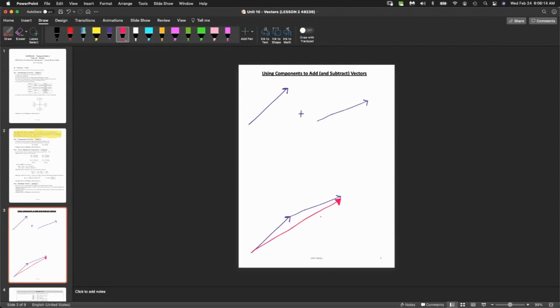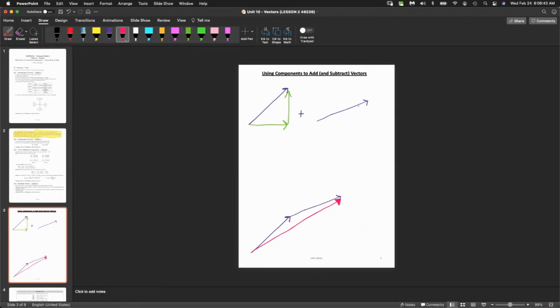So now I'm going to show you how the method of components will give you the same answer. What we can do is take the original vectors and break them up into horizontal and vertical components. That's what we did last week when we were talking about using sine and cosine and using the angle from 0 to 360. So there's the horizontal component of the first vector and the vertical component of the first vector.